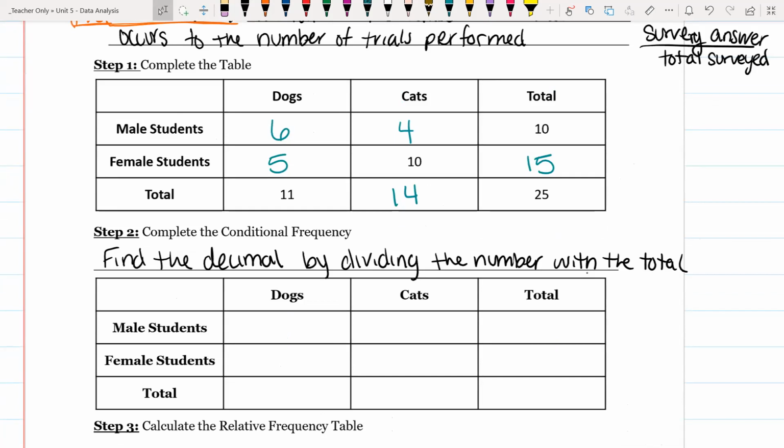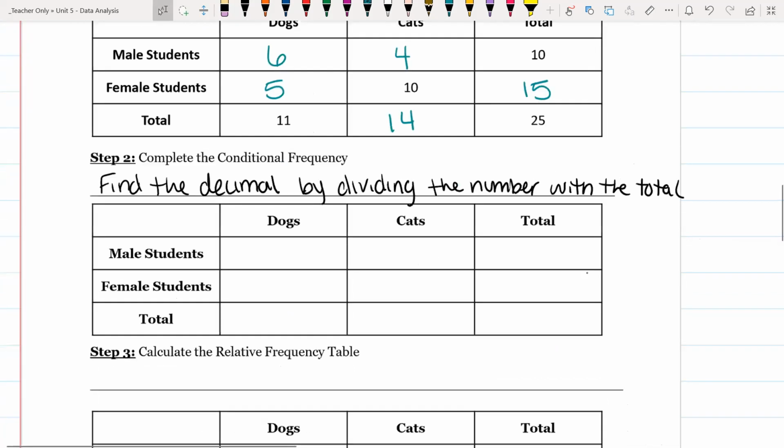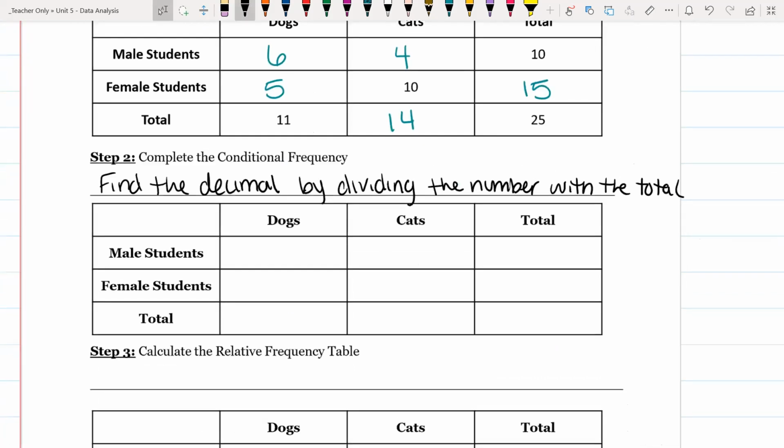Okay, so again, we want to do that by taking our number for the male students, our 6, and dividing it by the total number of people surveyed, which was 25. So we want to do 6 divided by 25 in your calculator.